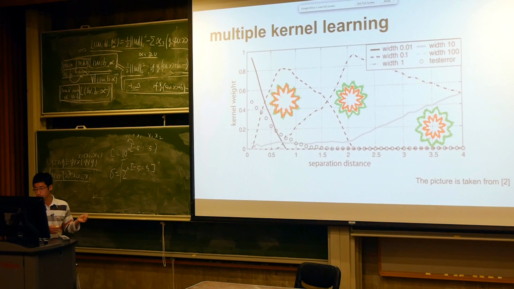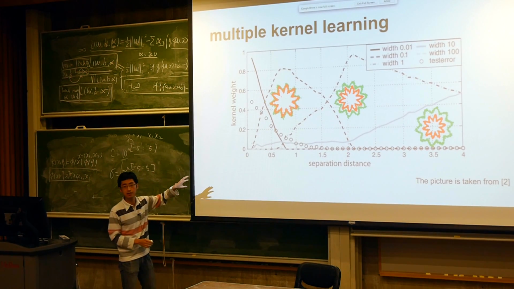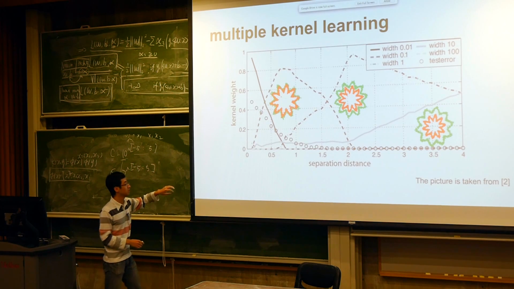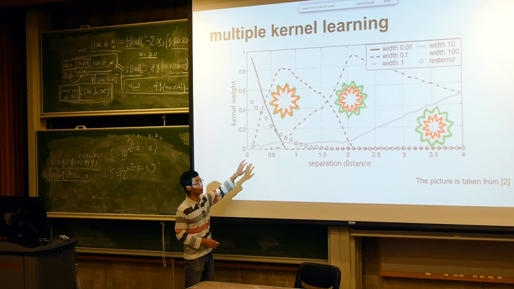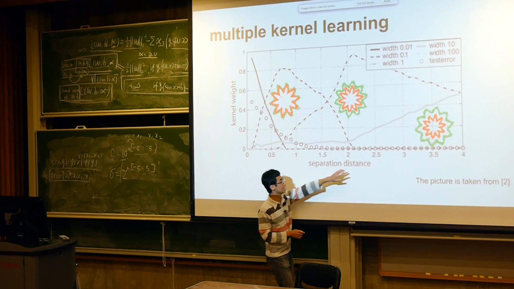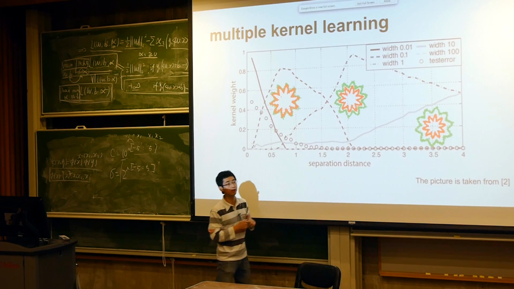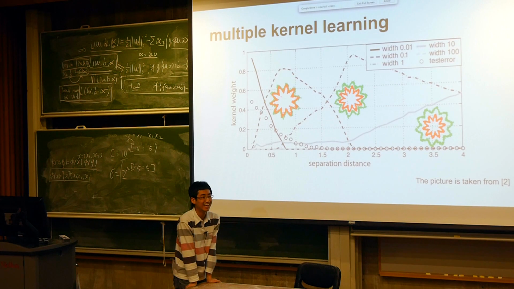Take this picture from a paper. Basically, we want to classify blue points and green points. And this x-axis means the distance between the blue points and the green points. For here, they're quite close, right? For here, they're far apart, right?